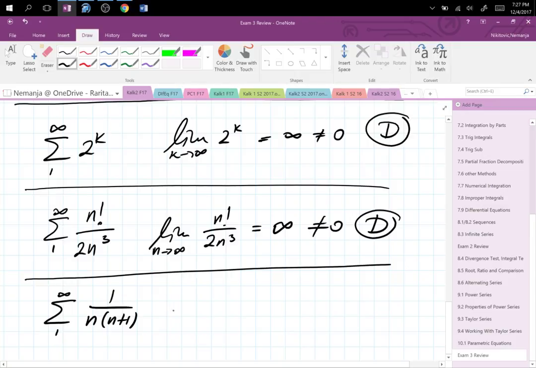But just thinking a little bit, because you have powerful tools, instead of sitting there and cranking telescoping for 7 hours, 1 over n squared plus n.